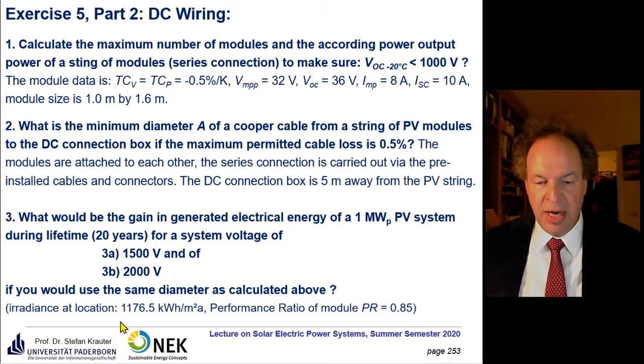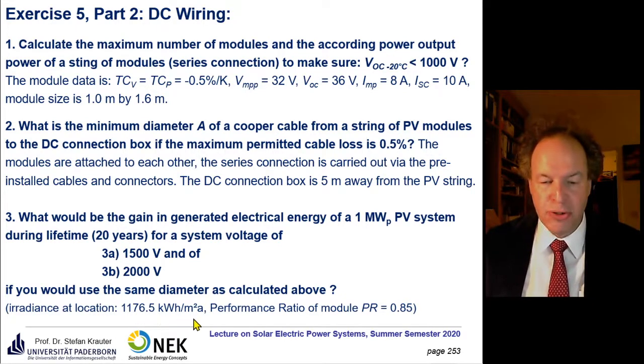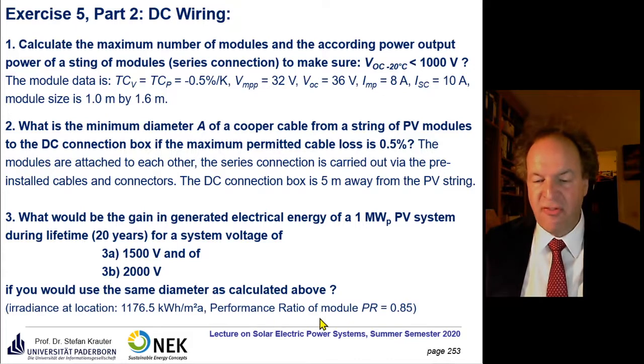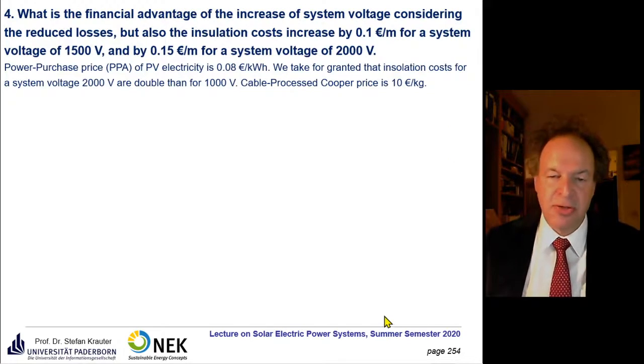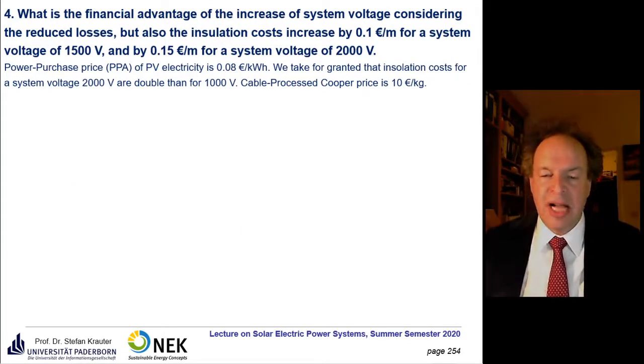So we have here the yearly irradiance of 1176 kilowatt hours per square meter per year. The performance ratio is 0.85. Last but not least, we have to calculate that financial advantage for the voltage increase.